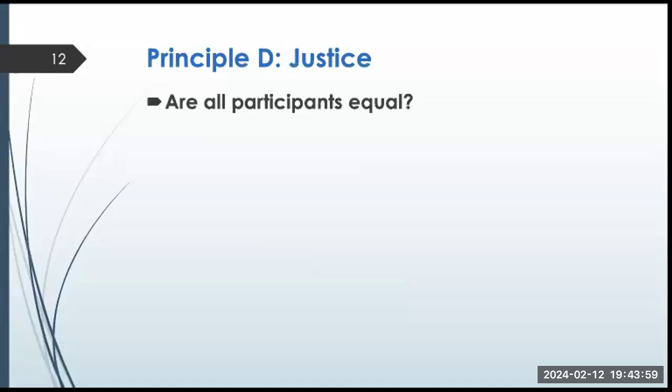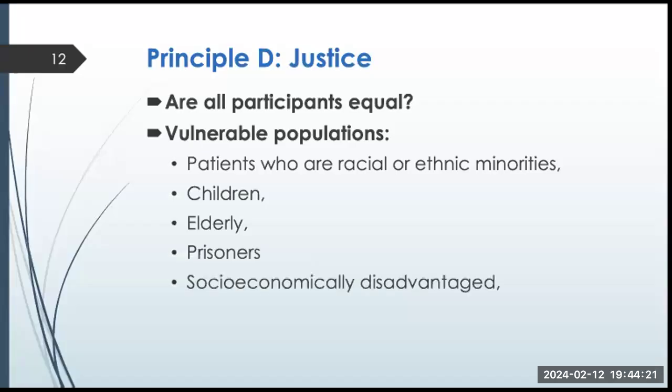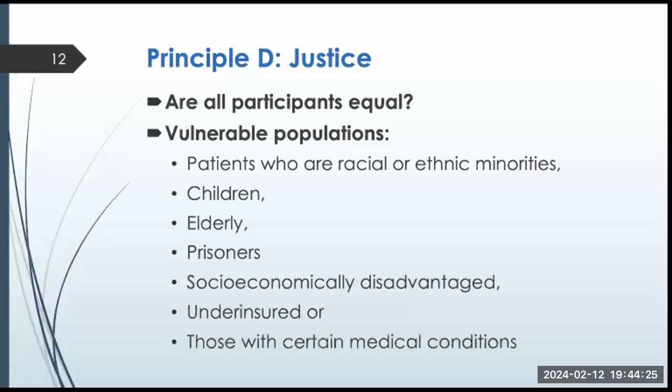Justice is that idea: are all participants equal? Again, I mentioned this before, we have vulnerable populations. Here is a list of who are considered parts of vulnerable populations: patients who are racial or ethnic minorities, children, elderly, prisoners, socioeconomically disadvantaged, underinsured, or those with certain medical conditions.